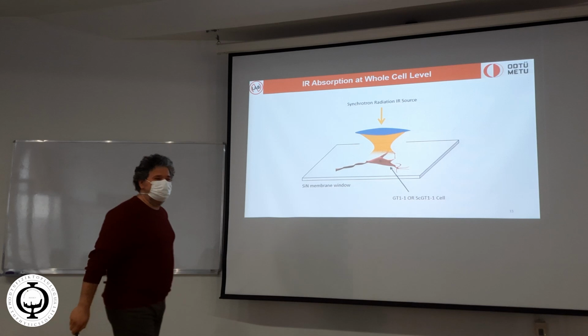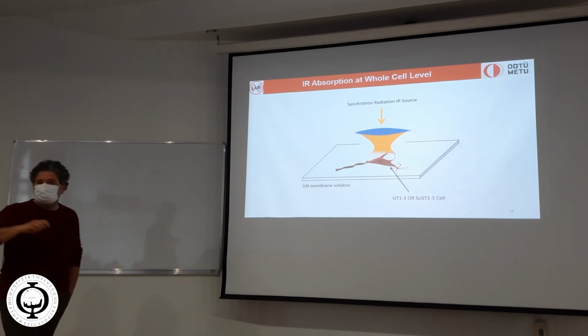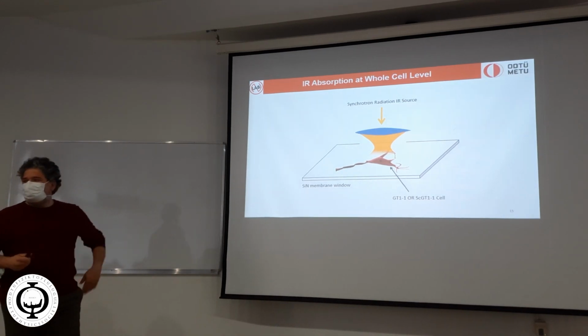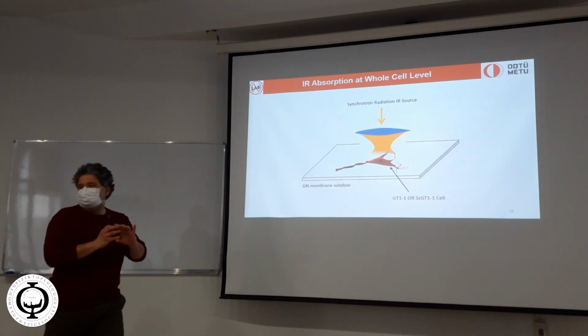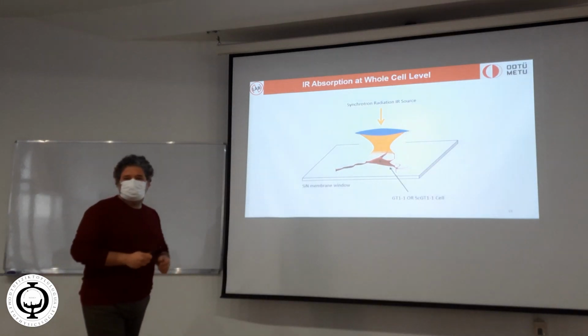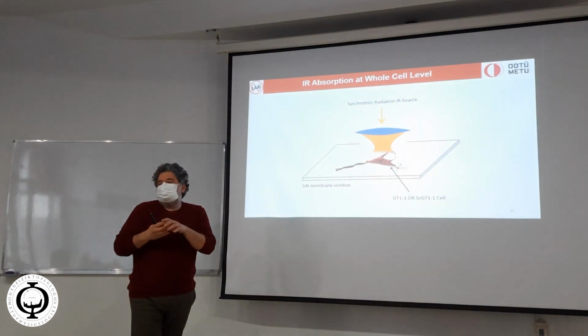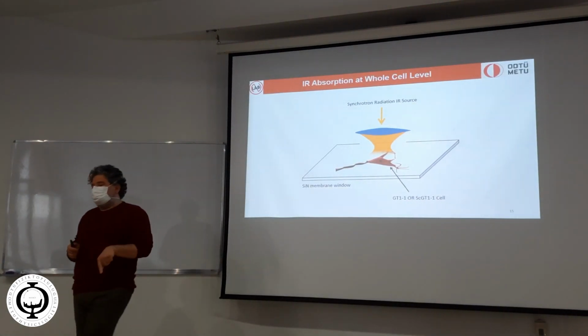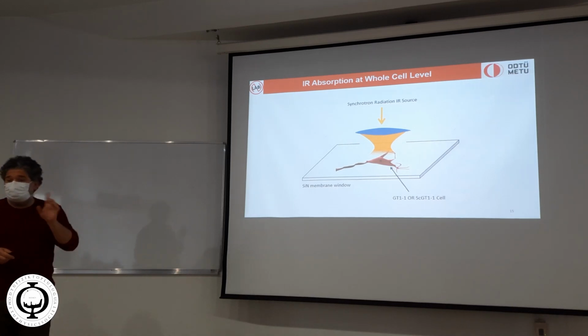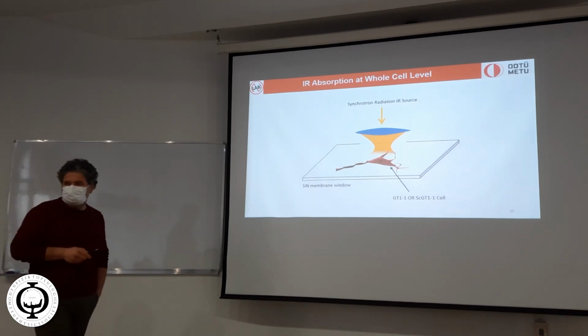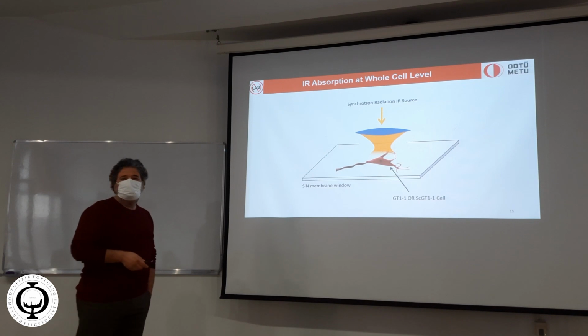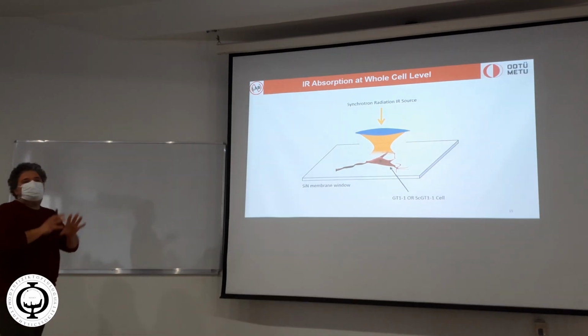You first accelerate them, then when you slow them down, they emit radiation. And the amount of emission energy depends not on the velocity, but on the deceleration. So the deceleration level decides what energetic photons you radiate.